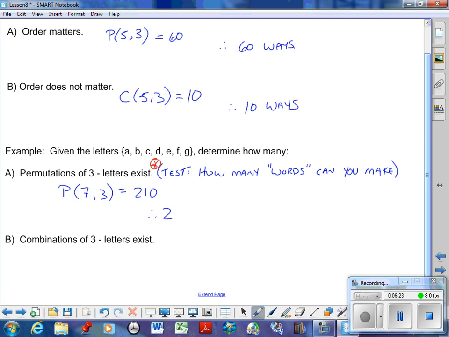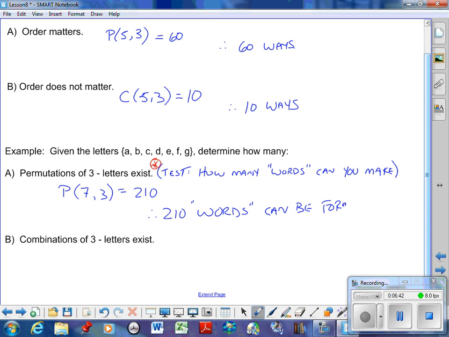So therefore, 210 "words" can be formed. These are air quotes, and I'm making them right now as I talk to you, even though I know you can't see me.